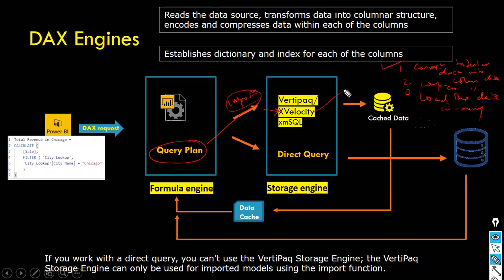So the first task carried out by X velocity is to convert your tabular data, rows and columns, into columnar data. The second step is, once it converts your tabular data into columnar data, it compresses your data, and then it loads the compressed data in memory. Anything in memory, the performance will be pretty fast.